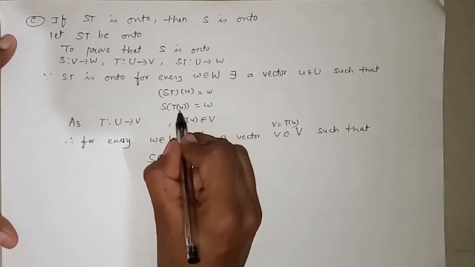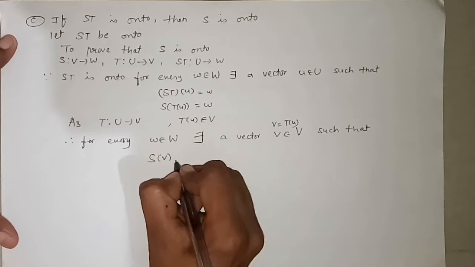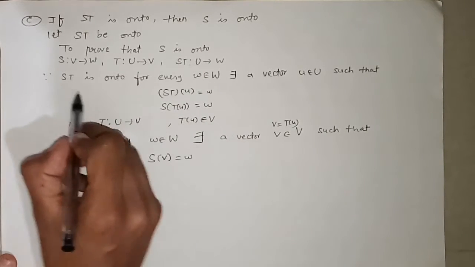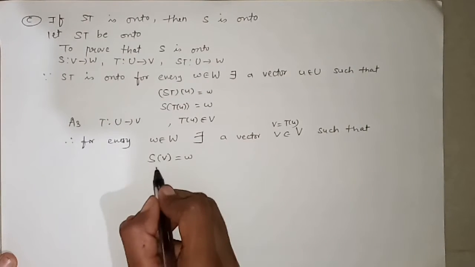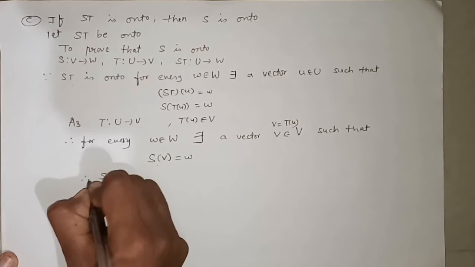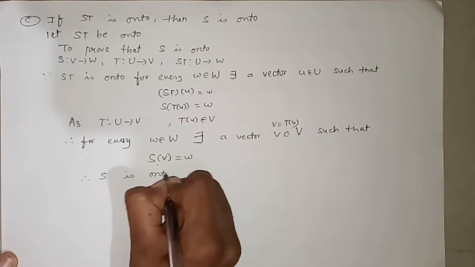I am writing v in the place of T of u, so S of v is equal to w. So this implies that since ST is onto, from this condition we can conclude that our S is onto.